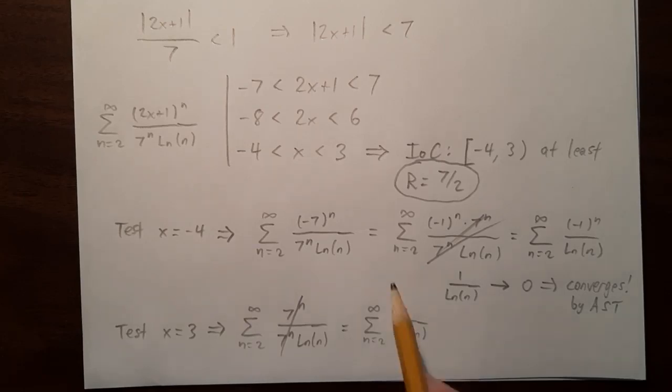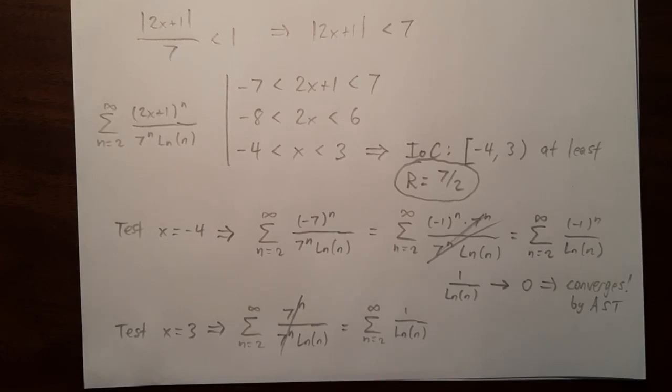We know 1 over n diverges, right? If we have the sum of 1 over n, that diverges. In place of n in the 1 over n, I have ln of n, and ln of n is a slower growing function by far. ln of n grows way slower than just plain vanilla n. So what that means is that the denominator is, on the whole, going to be smaller than n.